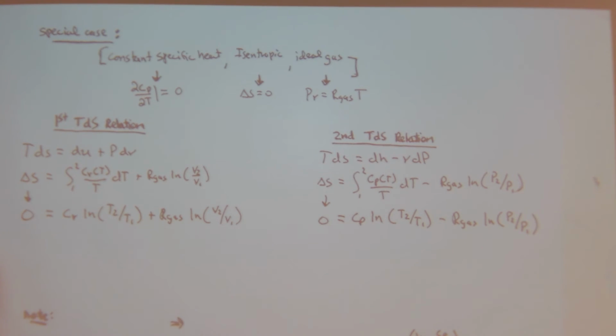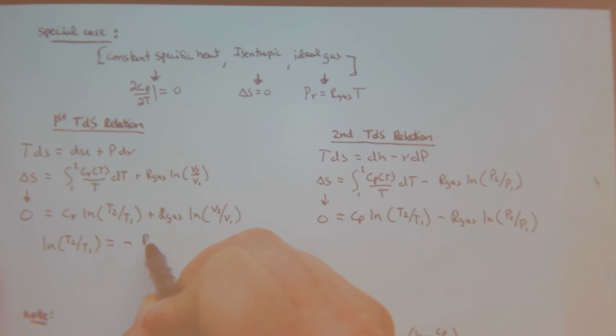So now I can move things around, right? And so let's just do that. Natural log T2 over T1 equals, so I'm just going to take this to this side, or take this to this side and multiply by -1.